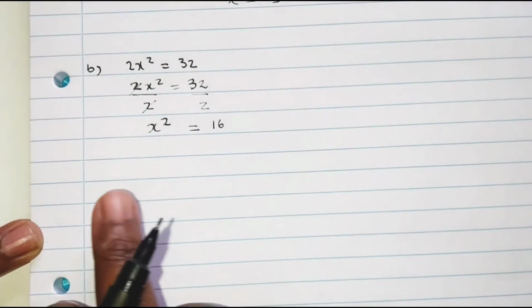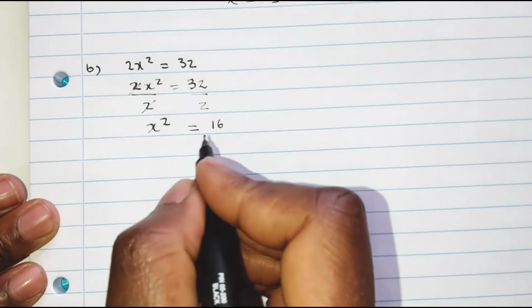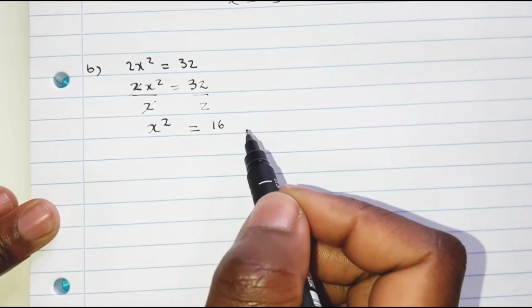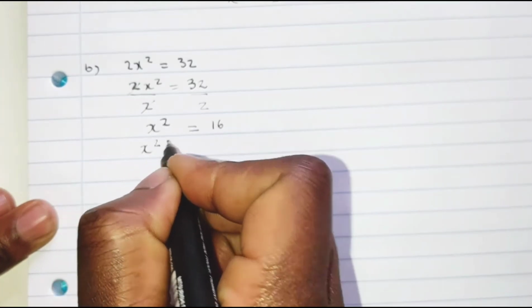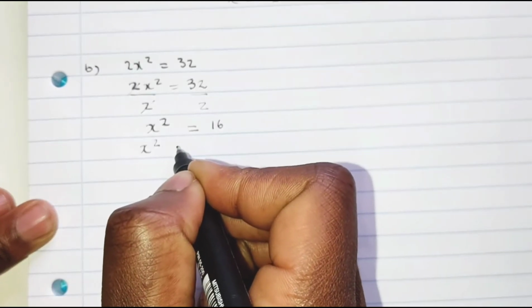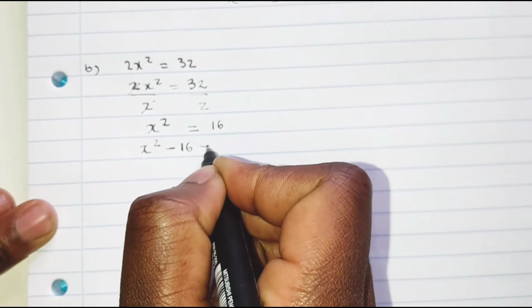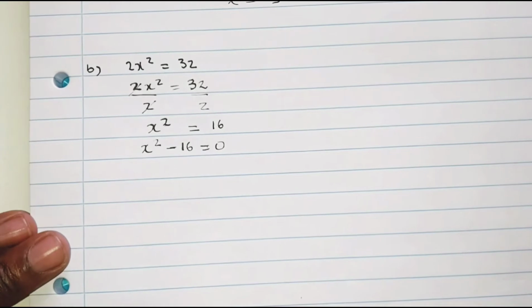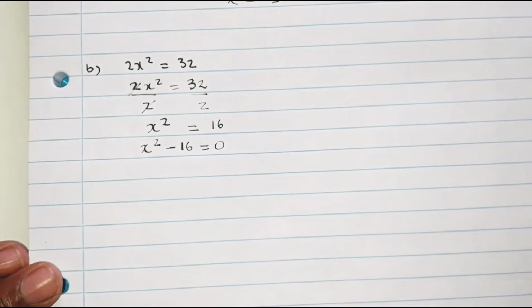Now that we have simplified to this step, we make it equal to 0. So it's going to be x squared, and because it's positive on this side, it's going to be negative on the other side: x squared minus 16 is equal to 0.